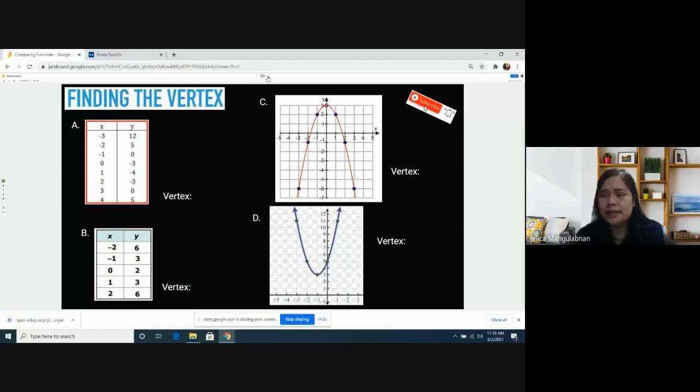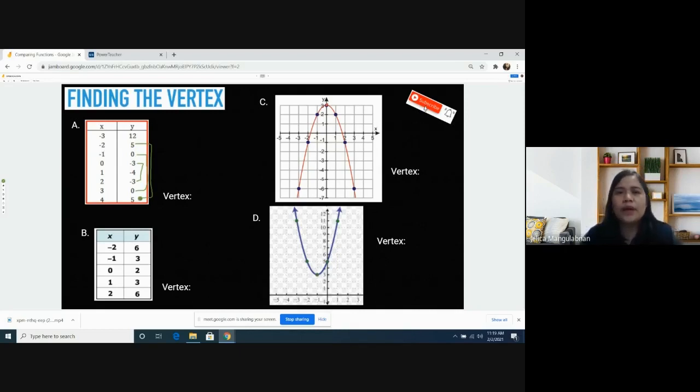Very easy and simple. So in letter A, how can we identify what kind of function it is? Check the output. I can see symmetrical numbers in here: -3, -3, 0 and 0, and then +5 and +5. So therefore, what kind of function is this one? Is it linear or quadratic?